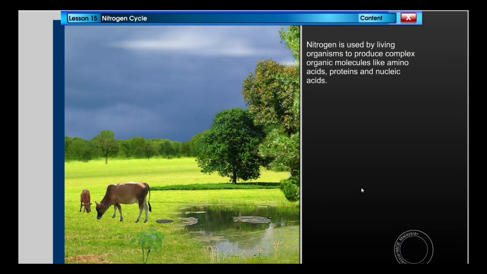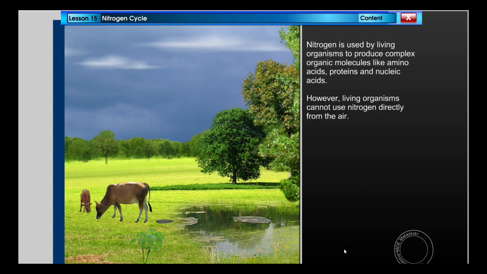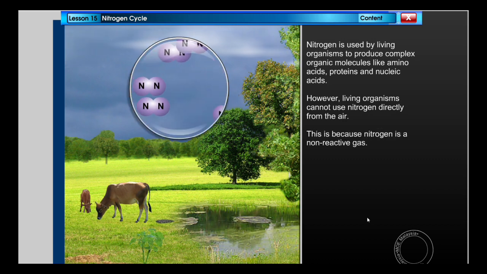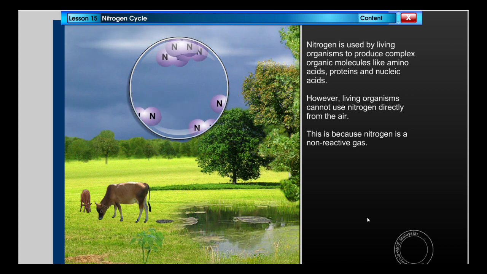Nitrogen is used by living organisms to produce complex organic molecules like amino acids, proteins, and nucleic acids. However, living organisms cannot use nitrogen directly from the air. This is because nitrogen is a non-reactive gas.